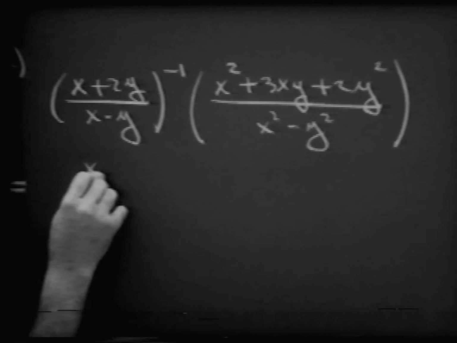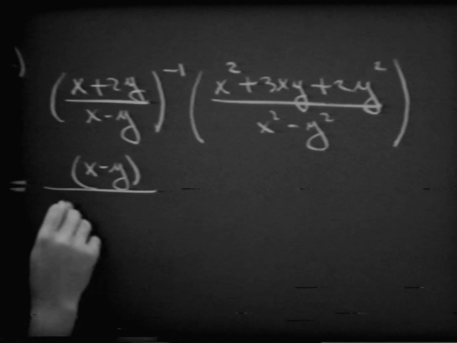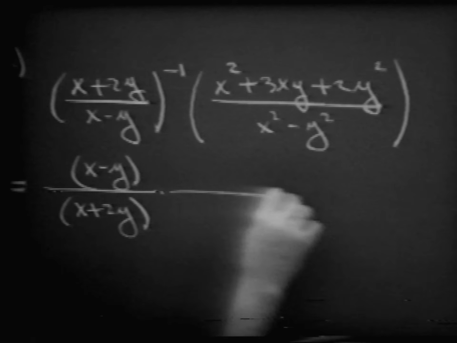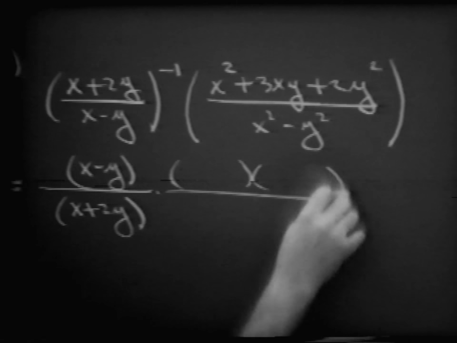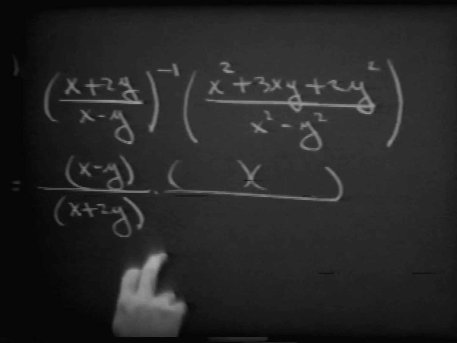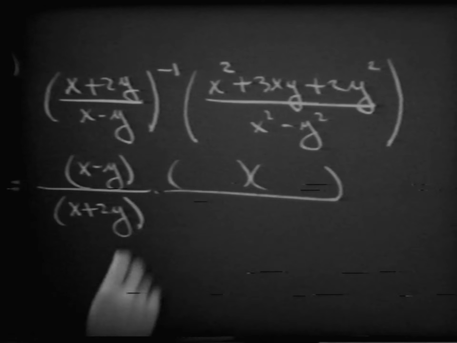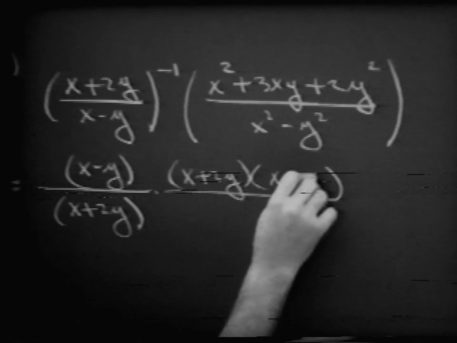x minus y over x plus 2y, all times, and now looking at this second factor, perhaps we may factor that numerator. Does anyone see what that would factor into? x plus 2y times x plus y.